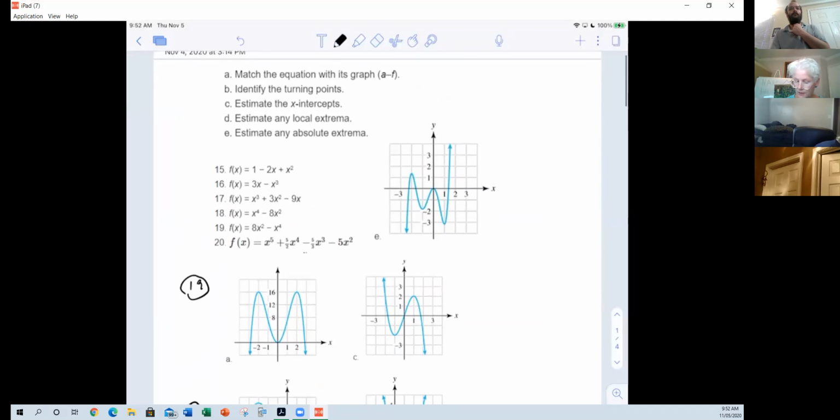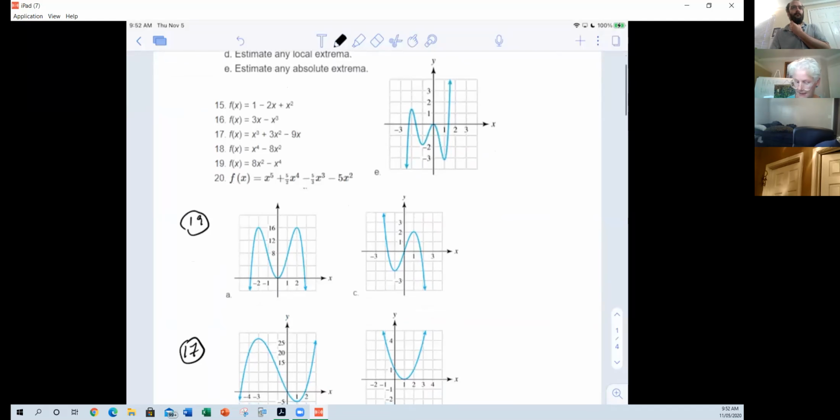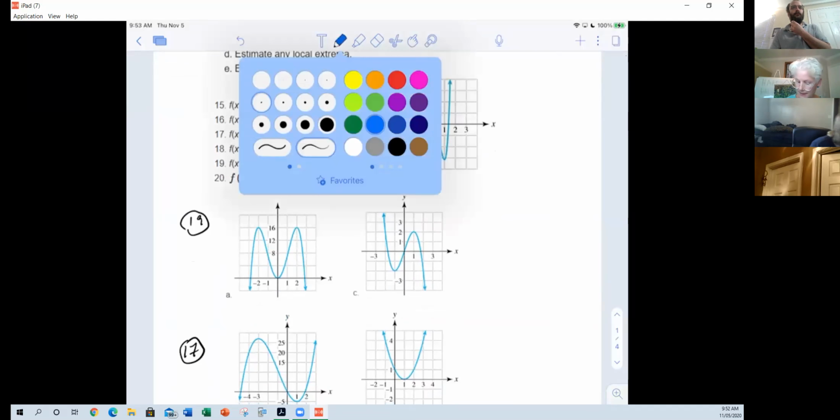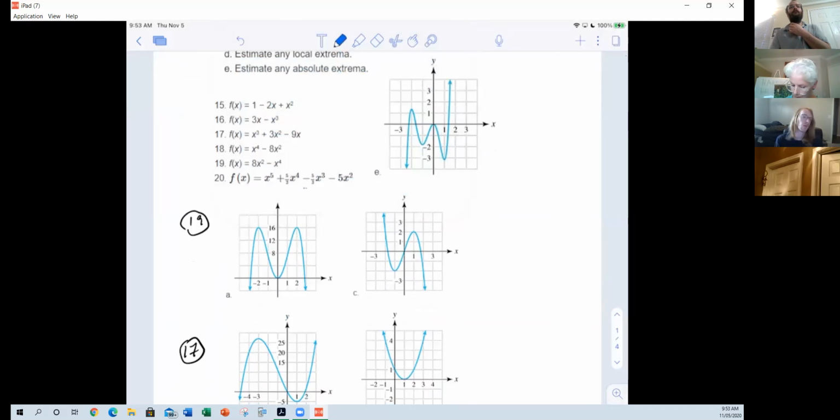So we've matched the equation, identify the turning points. The turning points on this one would be 2, 16. Turning points are going to be in blue. And negative 2, 16. And 0, 0.